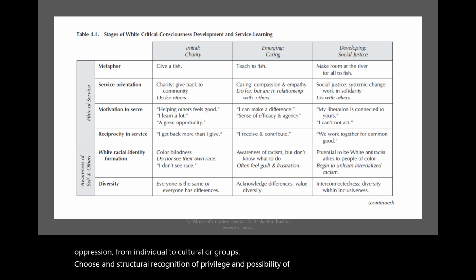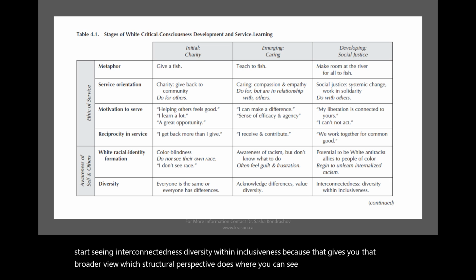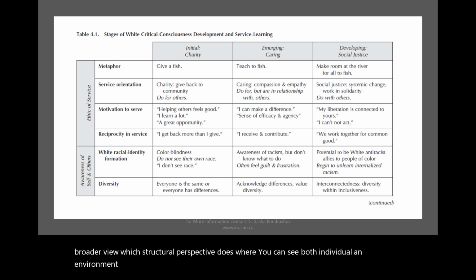So that's where you start seeing interconnectedness, diversity within inclusiveness, because that gives you the broader view which a structural perspective does, where you can see both the individual and the environment and how that environment impacts an individual in a structural way. So keep learning, seeing that.